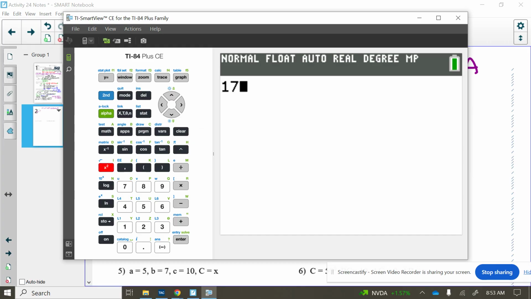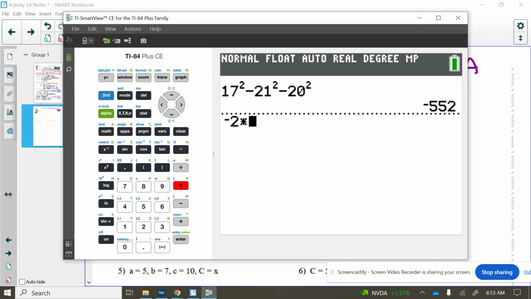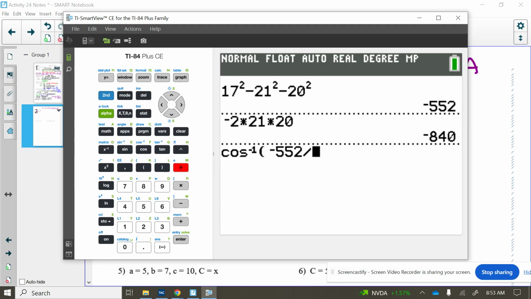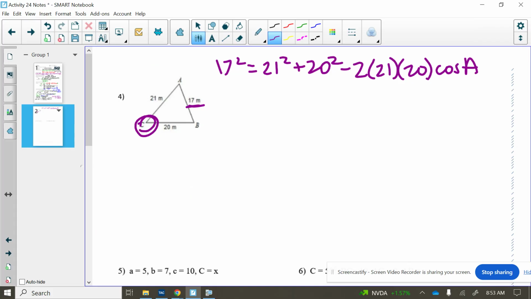We're going to subtract over the adjacent sides squared from our opposite side. And then the piece out front, we would have negative 2 times 21 times 20. And then cosine inverse, the left-hand side divided by that right-hand side. We end up with 48.9 as the measure of angle A.